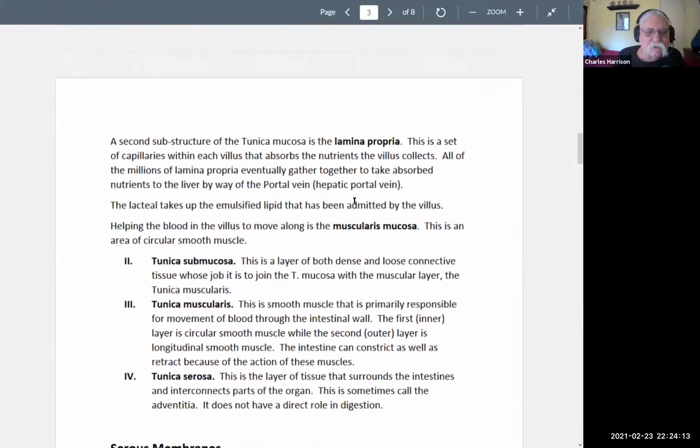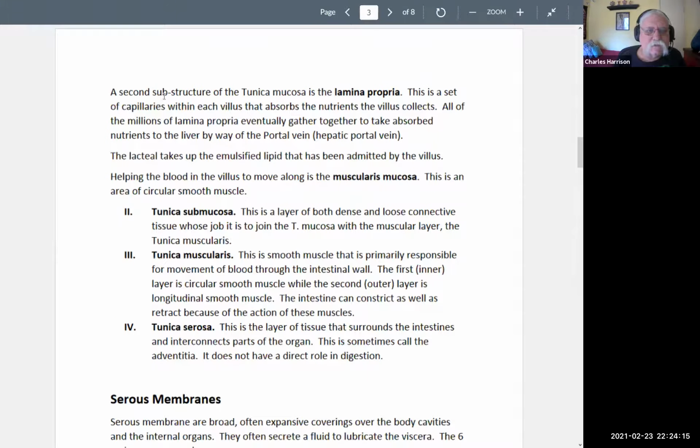Okay. Now, in print, the second substructure of the tunica mucosa is the lamina propria.